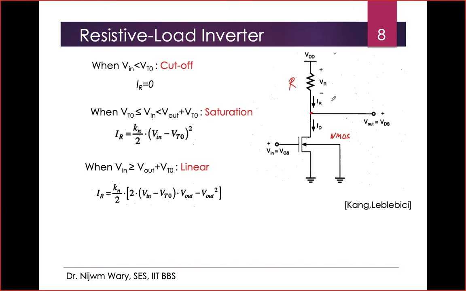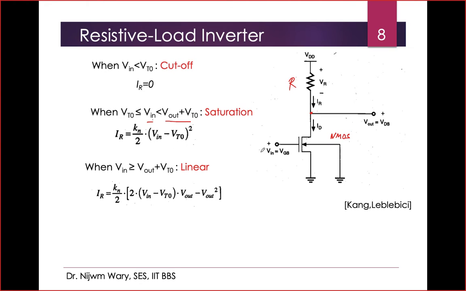Whenever Vin is less than Vout plus VT0, this comes from the equation of NMOS saturation region operation.